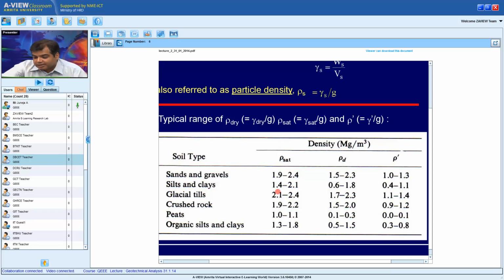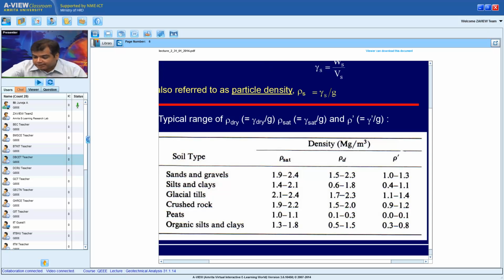This range is quite a handy tool if you are given a soil sample and asked to visualize the approximate constituents, not only by looking but also by looking at the saturated unit weight. You can at least distinguish between an organic soil and an inorganic soil.